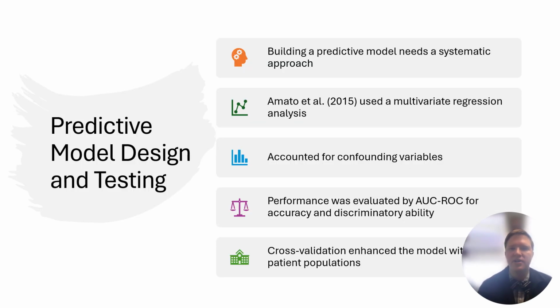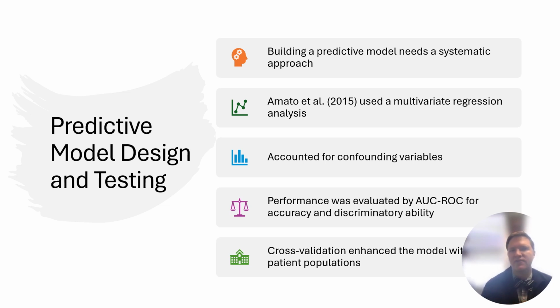So they built a good predictive model for survivability. And ARDS does require a systemic approach. Amato, in the 2015 study, employed a regression analysis to identify independent predictors of survivability. The model was evaluated using metrics that assessed its accuracy and discrimination.